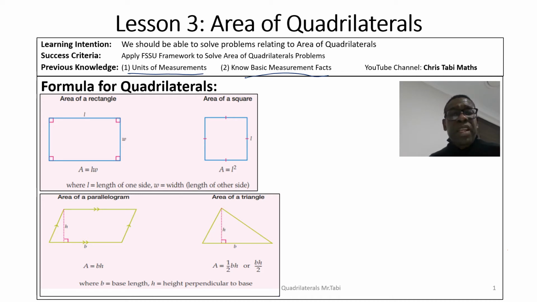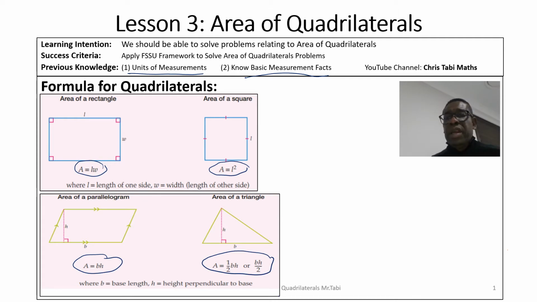So I've provided here in this slide the area of a rectangle, which is L times W, the area of a square, L squared, if each side is L, the area of a parallelogram, and the area of a triangle. We'll be applying these formula as we move along.